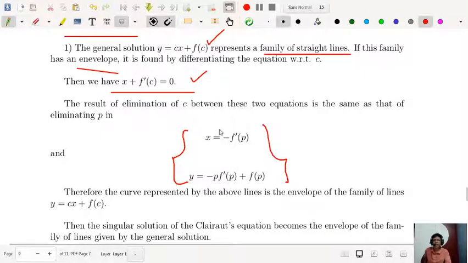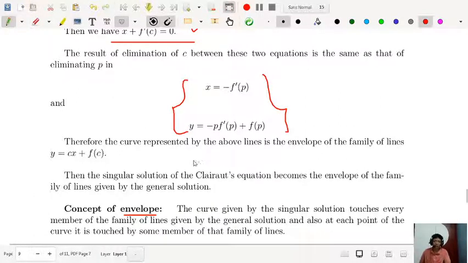They will produce the same thing, that is the singular solution, and that is called the envelope of the family of straight lines. Therefore the curve represented above is the envelope of the family of lines.